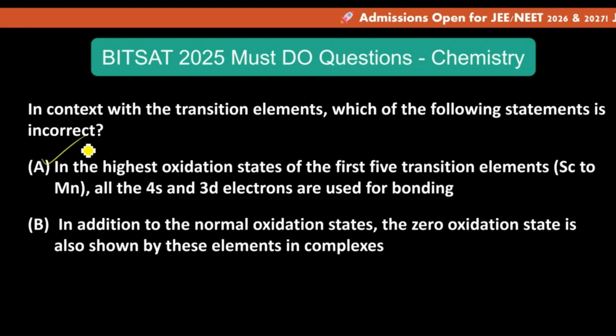This statement is right. We already know. And option B says in addition to normal oxidation states, the zero oxidation state is also shown by these elements. Generally, the transition metals can show zero oxidation state in case of carbonyl groups, right? Carbonyl ligand is there, then that would exhibit zero oxidation state. So this statement is also right.